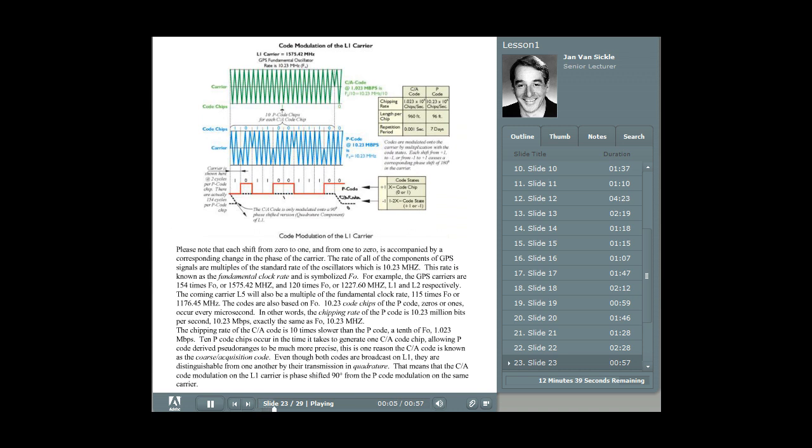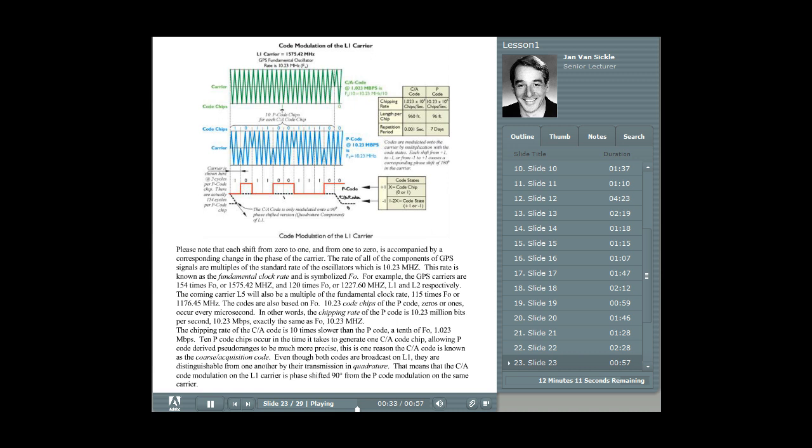On slide 23, we just reiterate some of this information. To go over it, each shift is from 0 to 1 or 1 to 0, accompanied by a corresponding change in phase, 180 degrees. The rates are all multiples of the 10.23 megahertz fundamental clock rate. The L1 carrier is 1575.42, which is 154 times that rate, and 120 times that rate is 1227.60 megahertz.